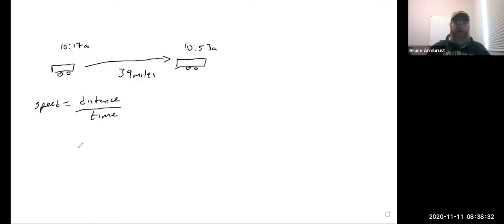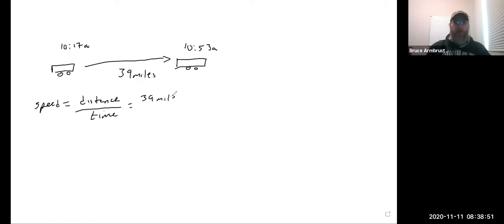That's just good old, I call it the dirt formula, distance equals rate times time. But another way to remember this, if you have trouble remembering this formula, is just think about the units we use. It's miles per hour, so it's distance over time.